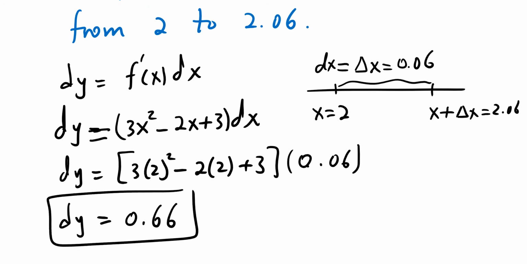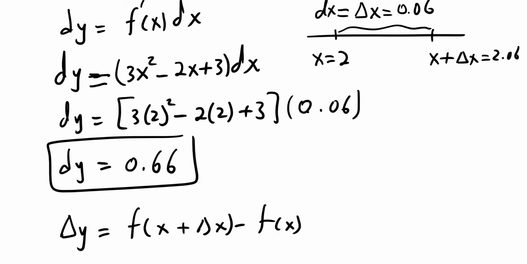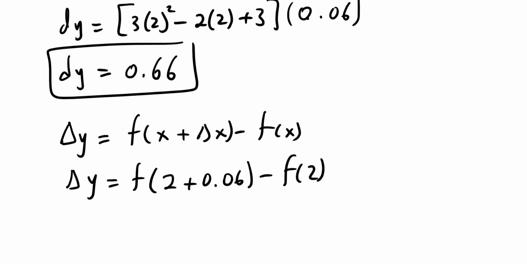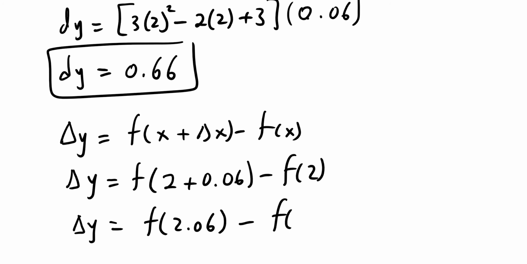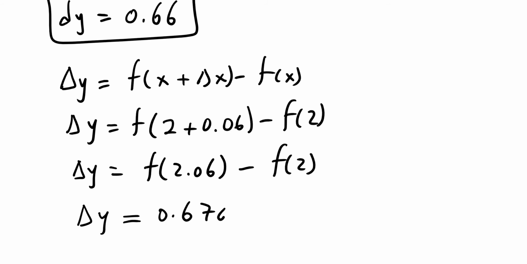That's dy. And what is delta y? We define delta y as f of x plus delta x minus f of x. So delta y is f of 2 plus 0.06 minus f of 2. This means I need to find f of 2.06 by substituting that in, minus f of 2. If we put that into the given function, we get delta y about 0.6782 to 4 decimal places.